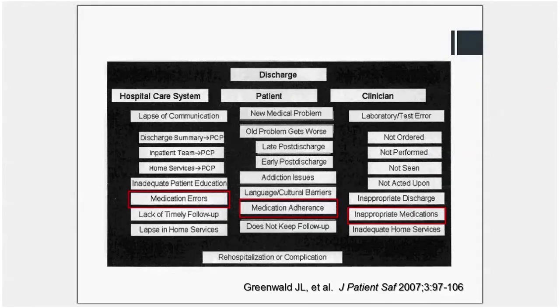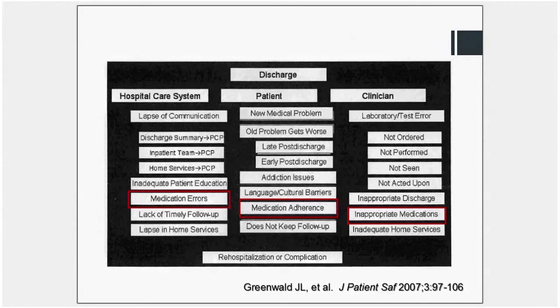When we look at where problems can occur with medication use, it can be in a number of places. One can be within the healthcare system itself, issues such as medication errors, also with the patient characteristics, patients who have health literacy issues, patients who have problems adhering to medication regimens because of a complex regimen or, again, the number of medications they're taking.